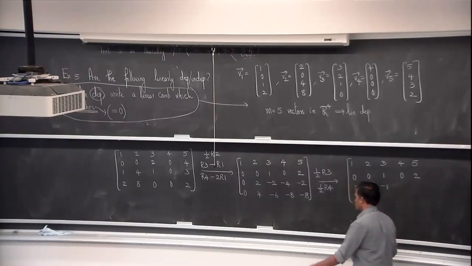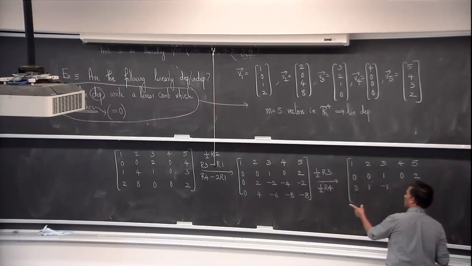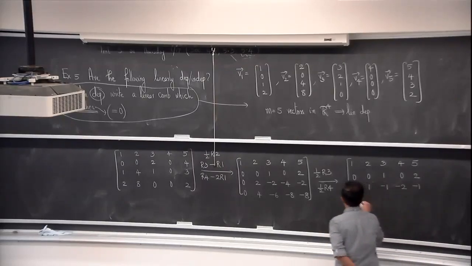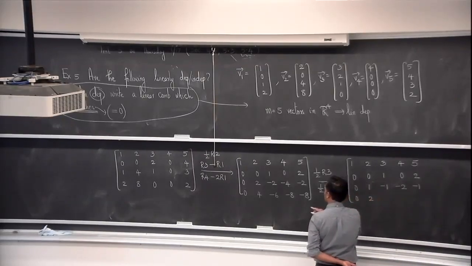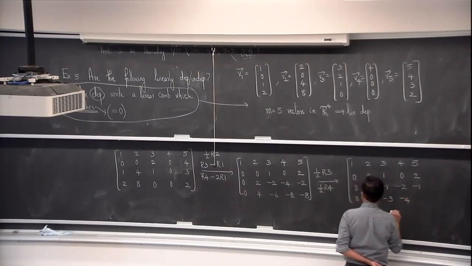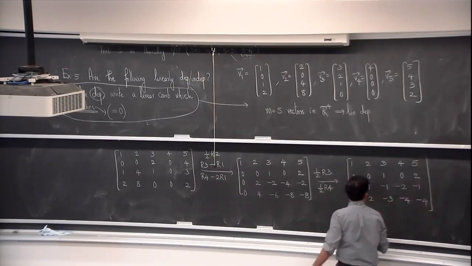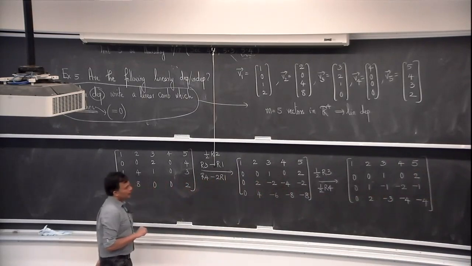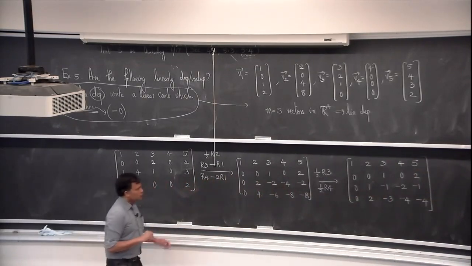At some point we might have to swap some rows, but 0, 1, 8, 1. And R4 minus 2 R3.